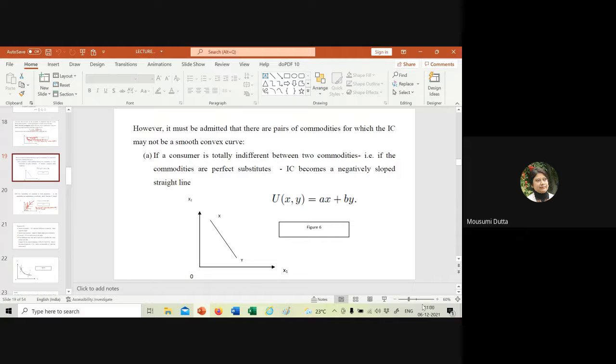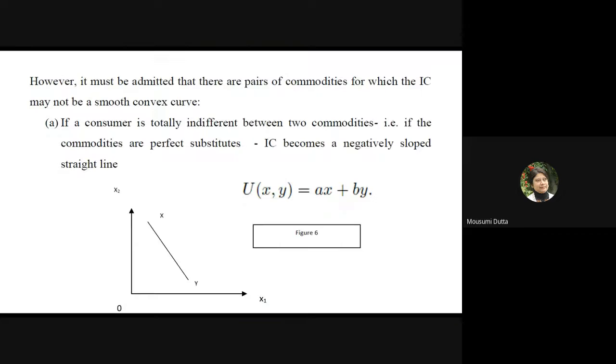Okay, so now I'm coming to this point. Though we are considering that the conventional indifference curve will be strictly convex to the origin, however, when we come to reality, it is possible that the indifference curve has different shapes.